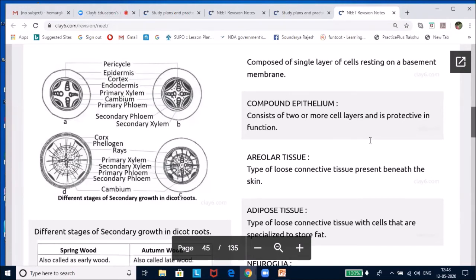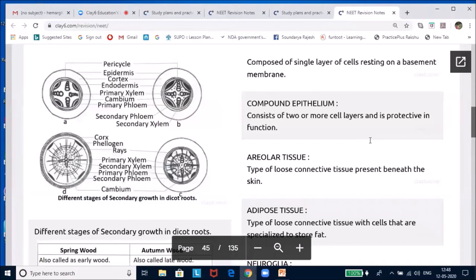Now let us look at the activity of the cambial ring. So far, interfascicular cambium and intrafascicular cambium are formed, and then they form a continuous ring. Now what happens after the formation of the continuous ring? The cambial ring becomes more and more active and begins to cut off new cells both towards the inner and the outer sides.